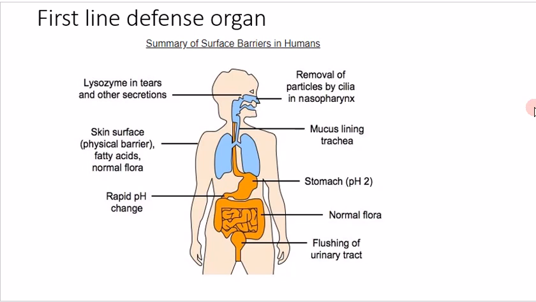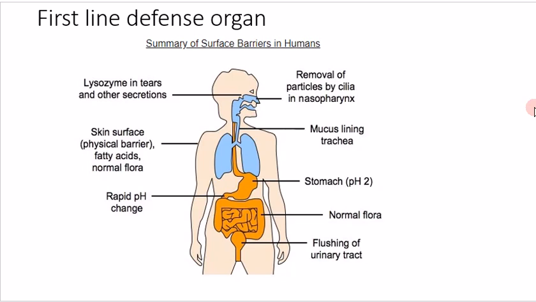Such things can be controlled by certain chemicals present in your stomach. Sorry, the pH in your stomach controls the microbes or even kills them. So that is one advantage of the acid production in your stomach.